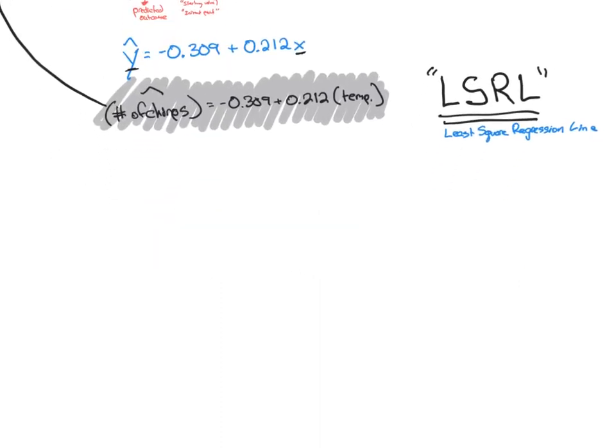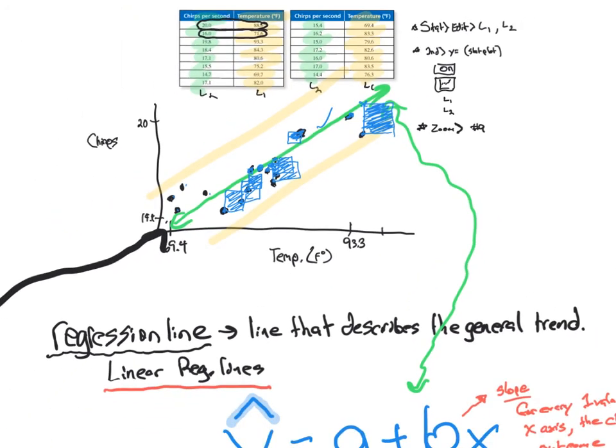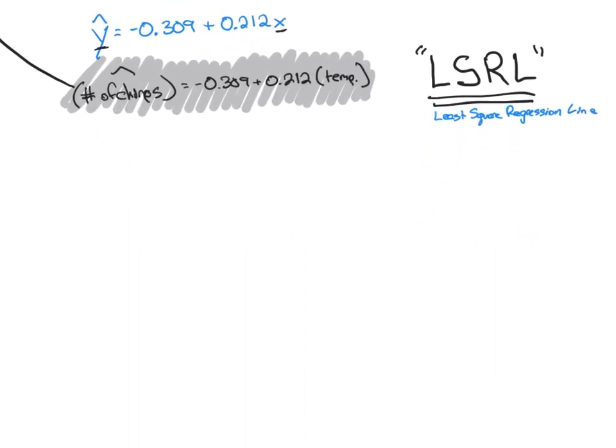So once you found your least squares regression line, then you use it to make predictions, right? So now that we have this nice data set here, we can make predictions. And so you can make two types of predictions.